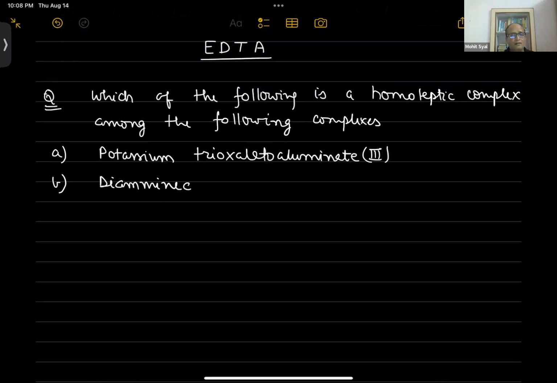You can also write the structures of these names. Okay, that's the different part of the question.